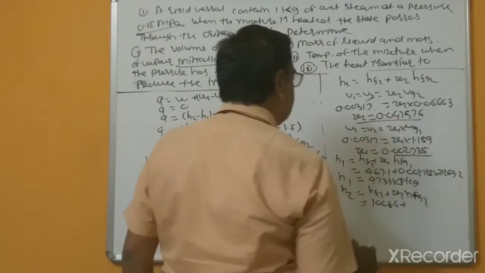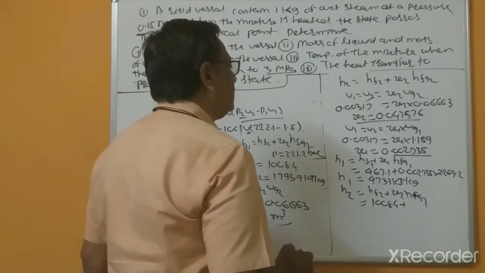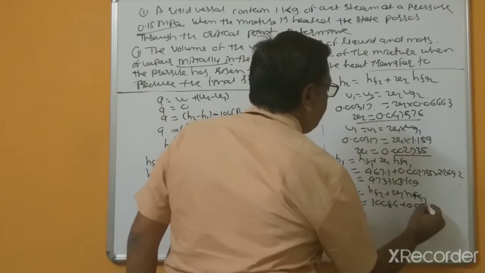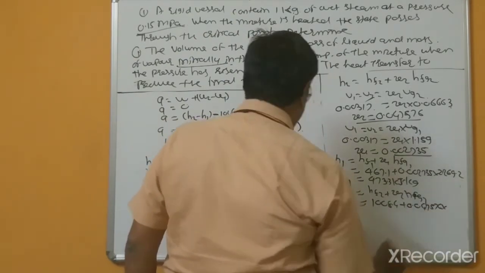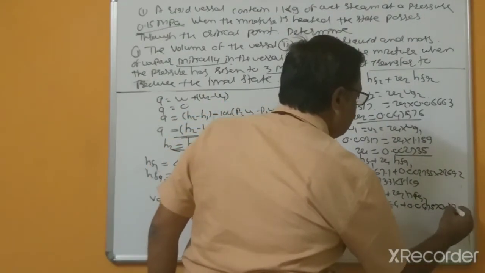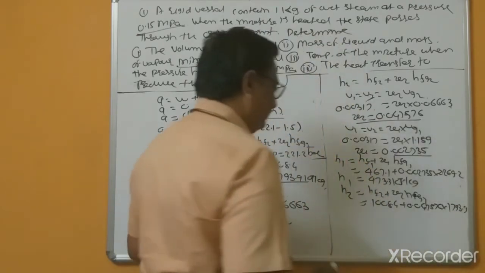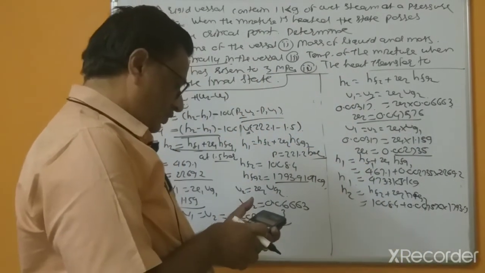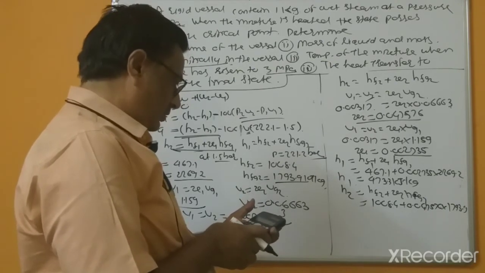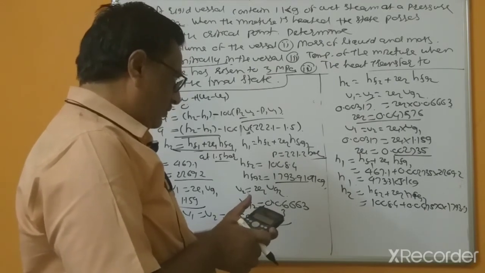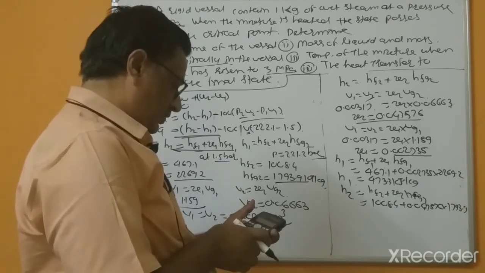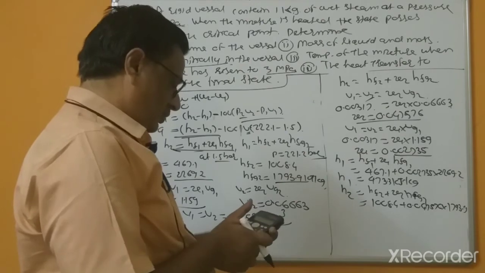Hf2 plus x2, 0.047576 Hfg2. This is 1793.9 multiplied by 0.047576 plus 1008.4.